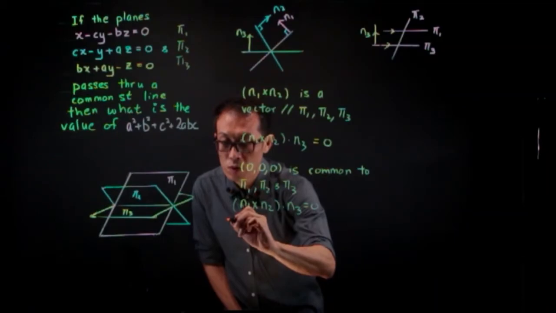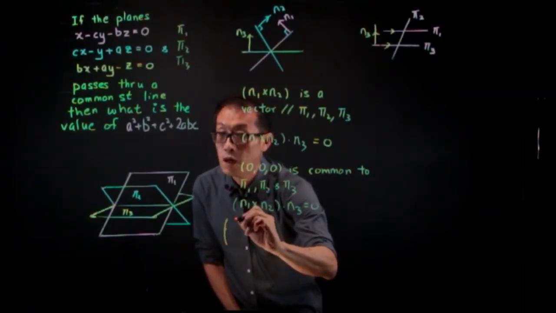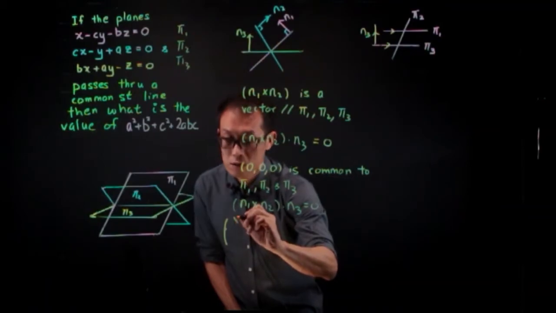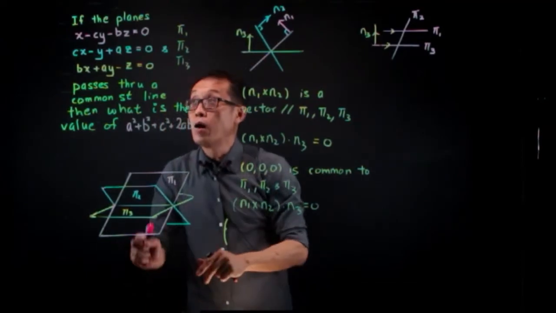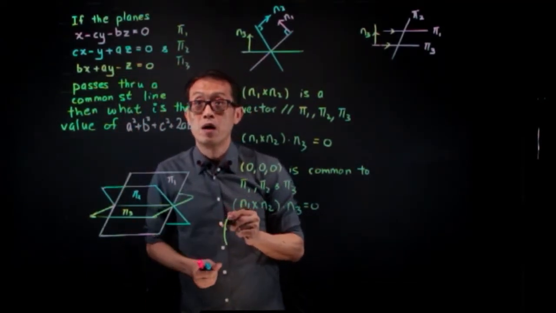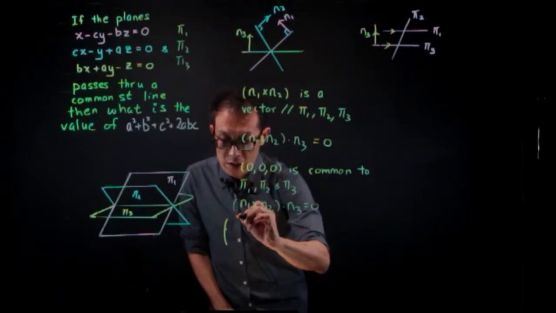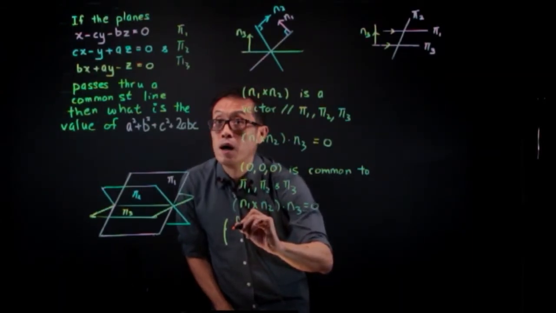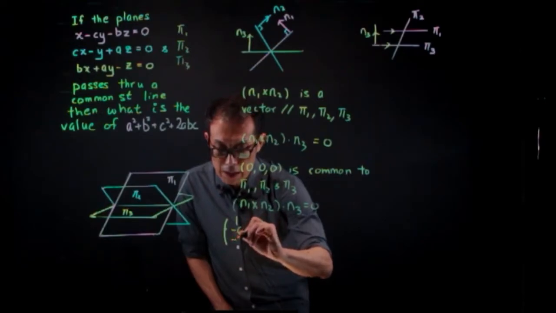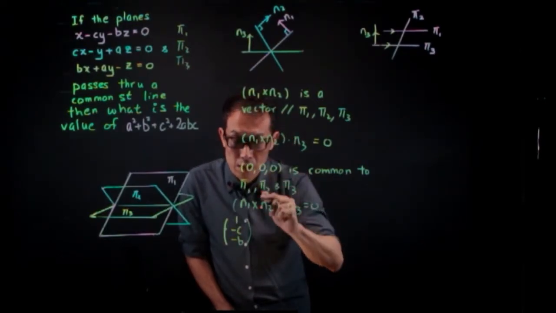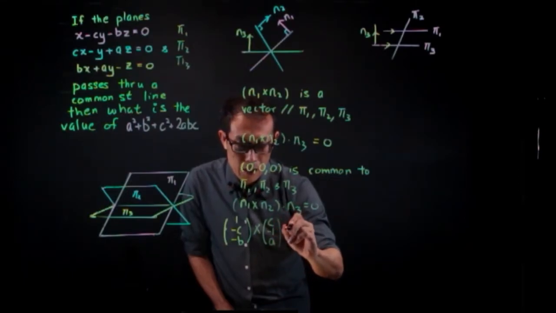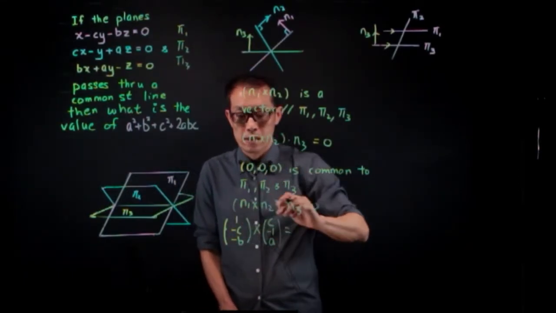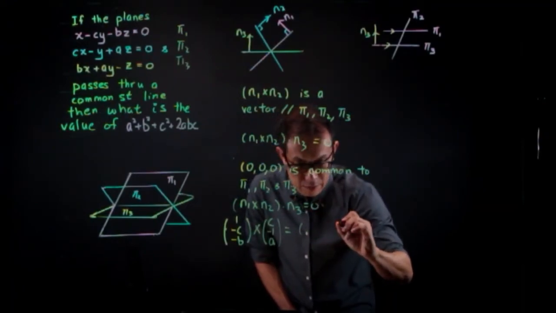So now you use the normal of the first plane, 1, minus c, minus b, cross the normal of the second plane, c, minus 1, a. Now what will I get? Let me write this out.